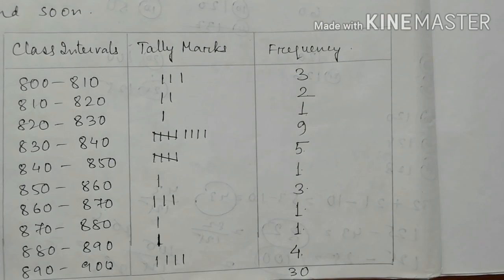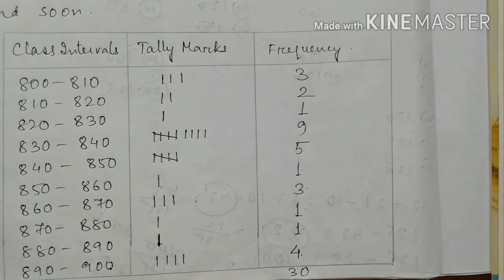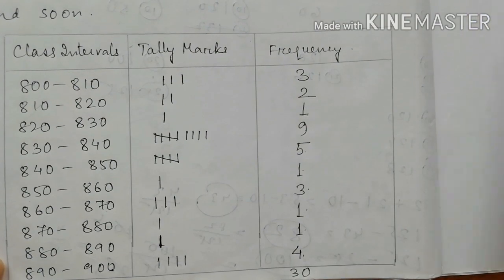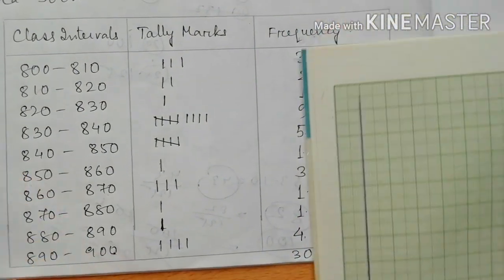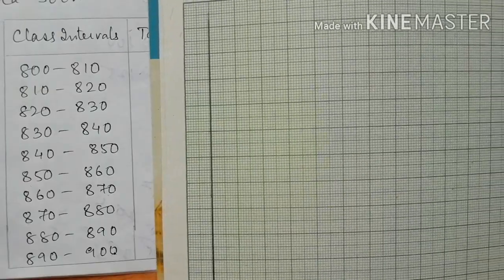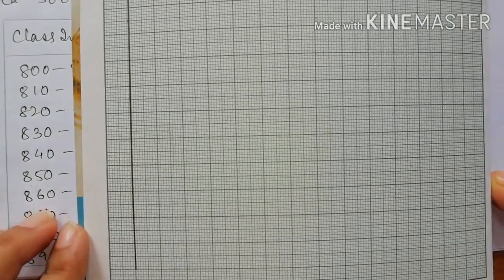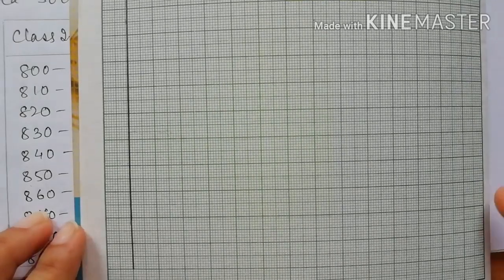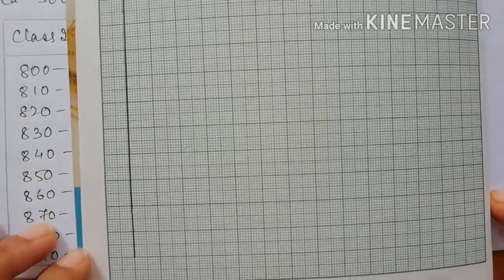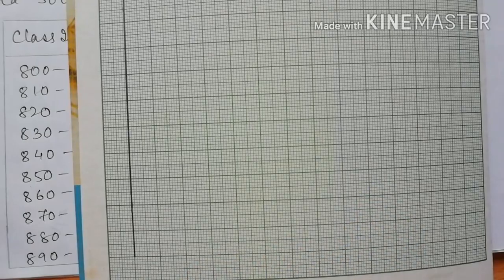To draw a histogram, we'll use a graph sheet. On this graph sheet, we'll draw the x-axis and y-axis.